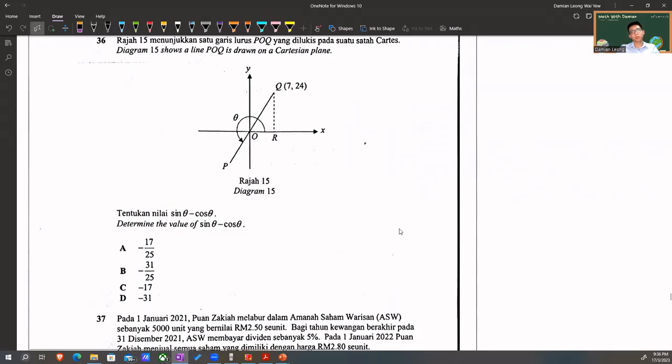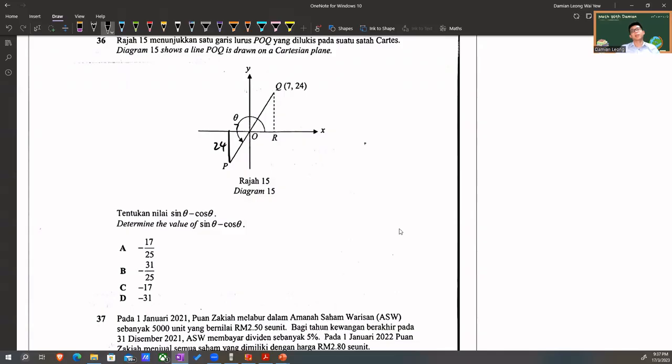So if this is a straight line, basically, and this 7, 24, basically this has the same ratio of 7 and 24, because this angle should be the same. Yeah. So it means I can use 7 over 24 still. Sorry, 24 and 7. I can use 7 and 24 also.